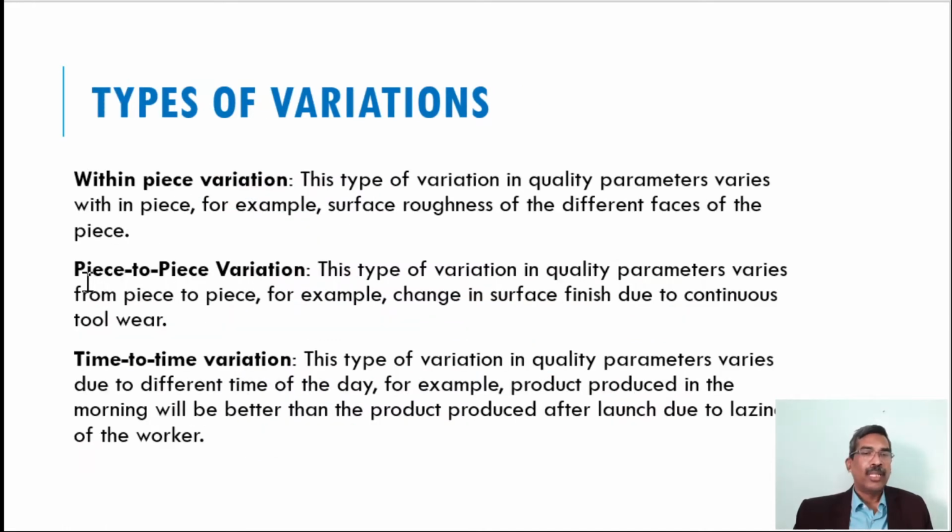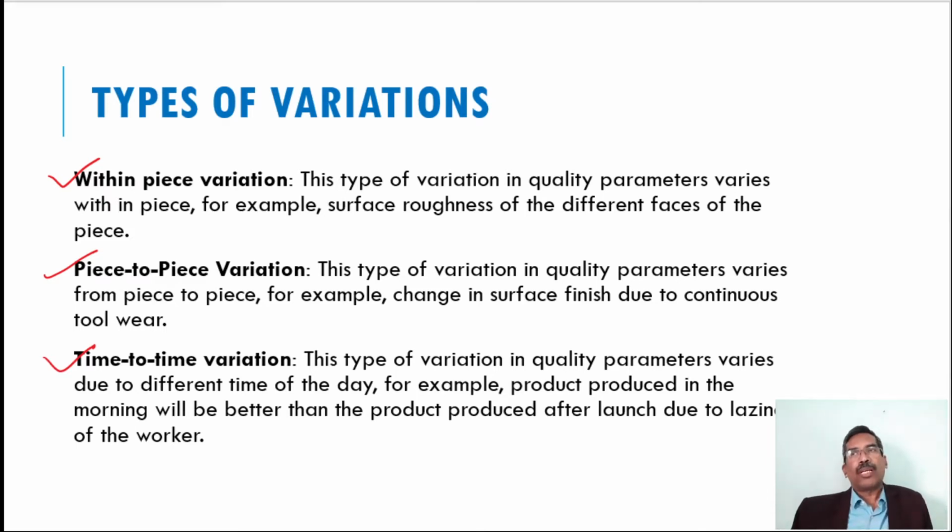Now what are the different types of variations? There are three categories. The first is known as within piece variation, the second is piece to piece variation, and the third is time to time variation. Within piece variation means one part of the product will be different from another part of the same product. That means there is variation in the quality parameters.